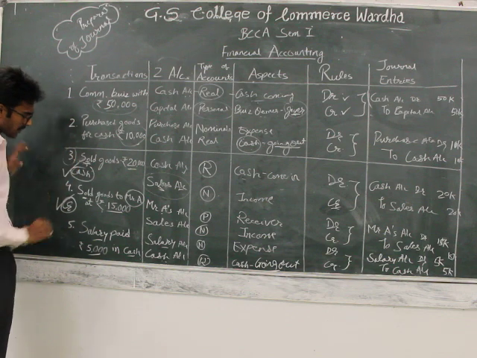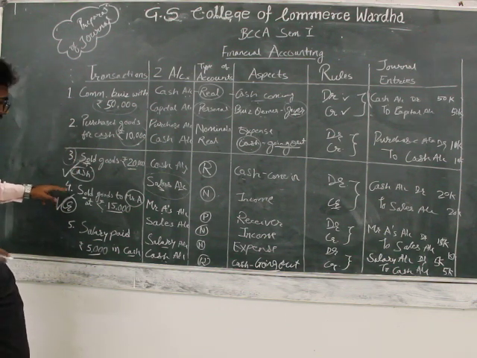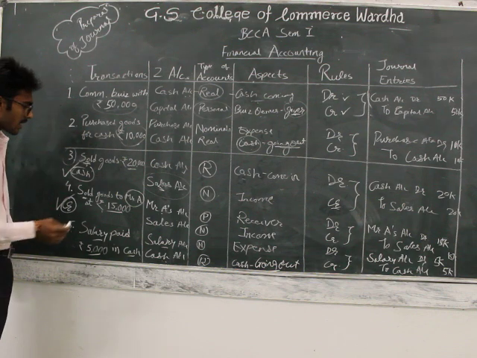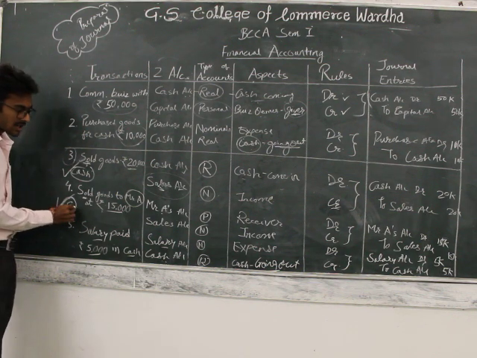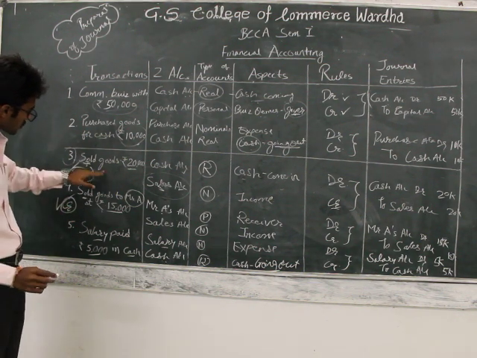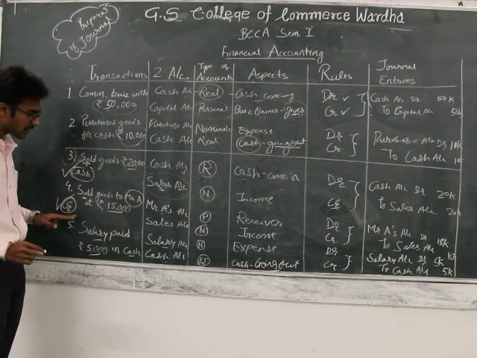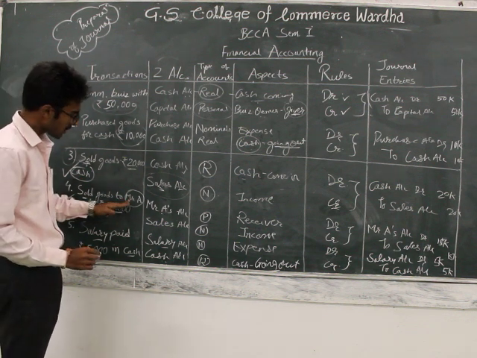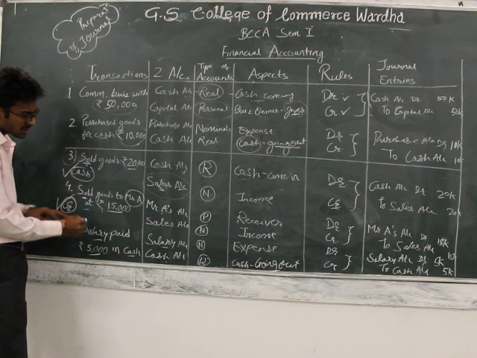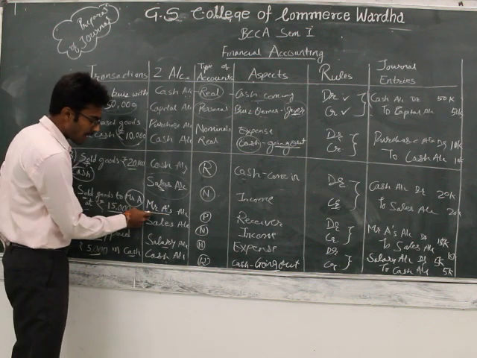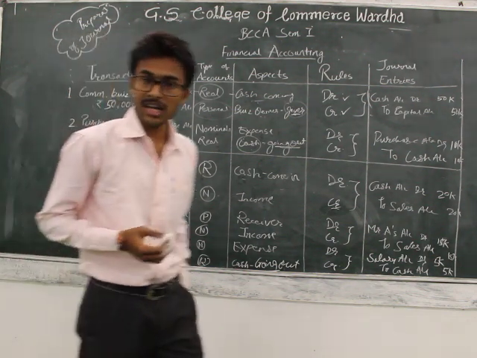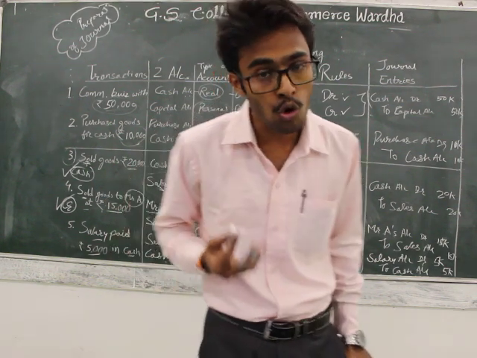Exactly like the third one, there is a fourth transaction, but the difference is that this one is a credit transaction. This is a sale, this is also a sale, but that was on cash basis and this is on credit basis. If we are on credit basis, we should use the name of our debtor. Debtor means the person to whom we have sold the goods.